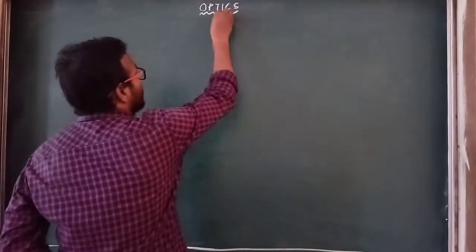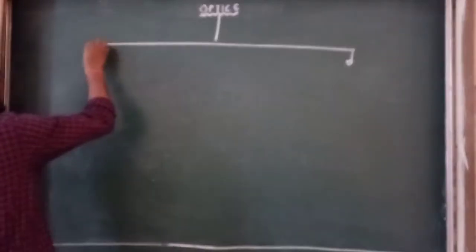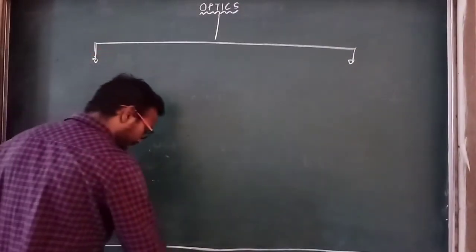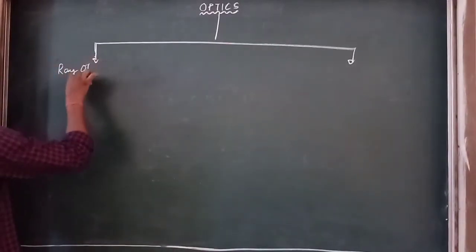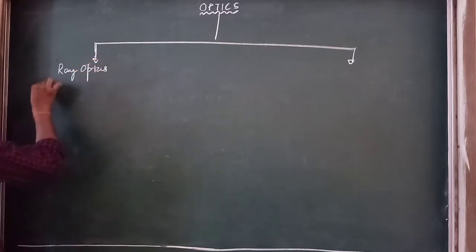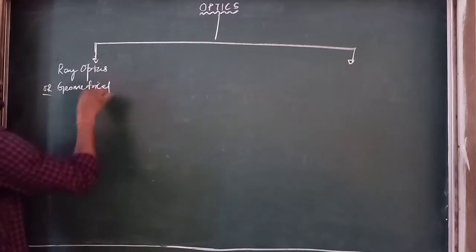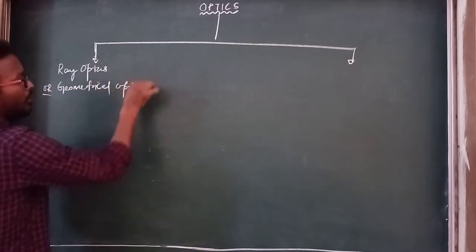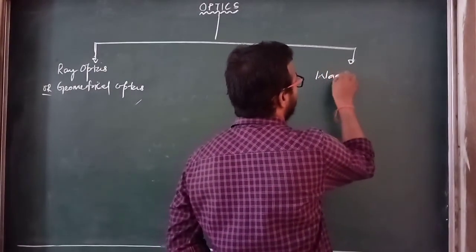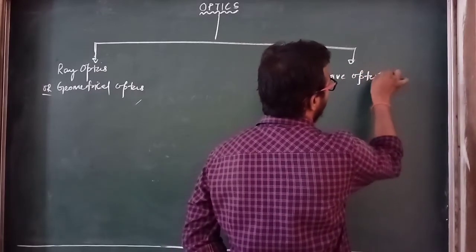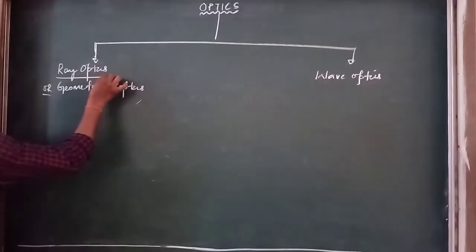The first one is ray optics, which is also known as geometrical optics. Similarly, the second part is known as wave optics. Clear?